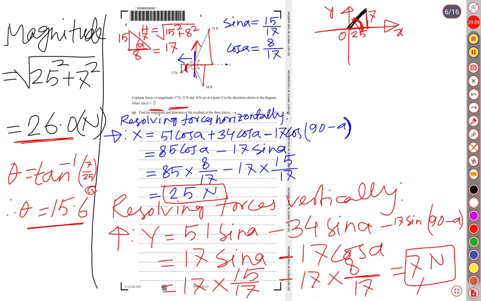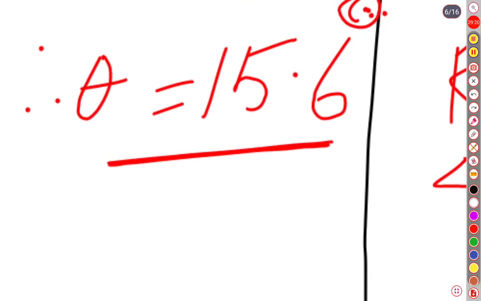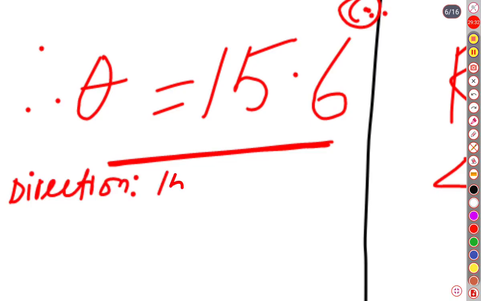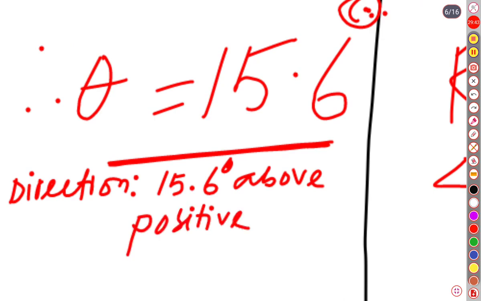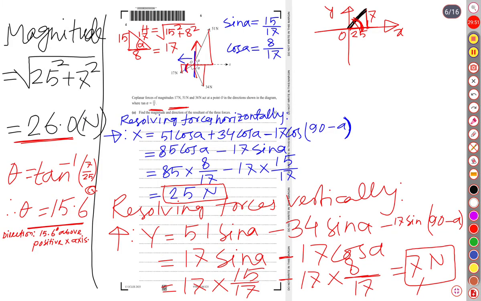We can write here for the final answer, direction: 15.6 degrees above the positive x-axis, because I have already shown you that the force is lying in the first quadrant, and as the angle is positive 15.6, it is lying above the positive x-axis.